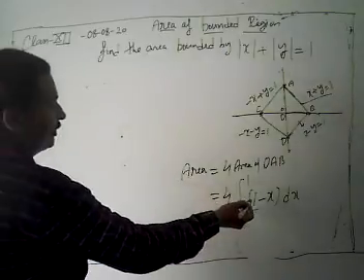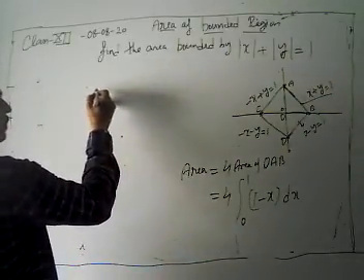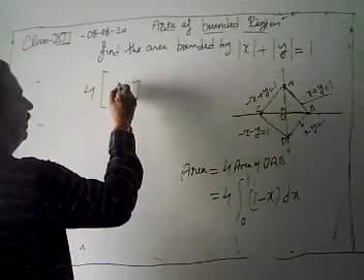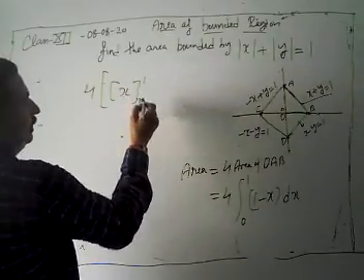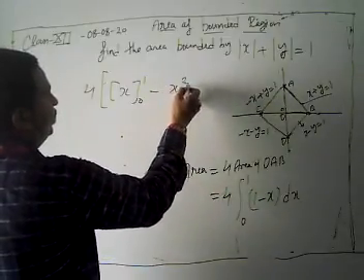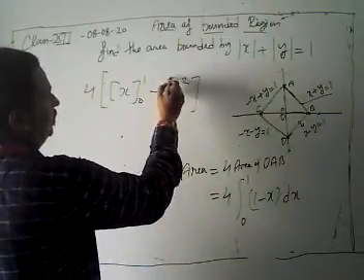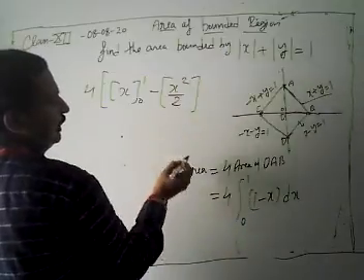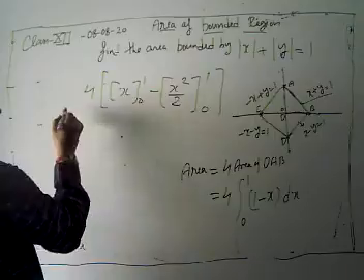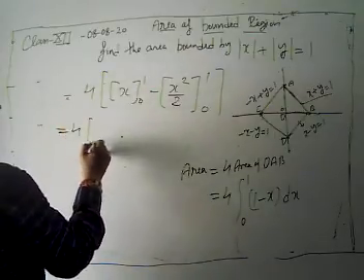What is the integration of 1? We get x. 4 times, we get x, then put the limit 0 to 1. Then 1 minus x square by 2, since the integration of x is x square by 2, putting the limit 1 and 0. Now what do we get?